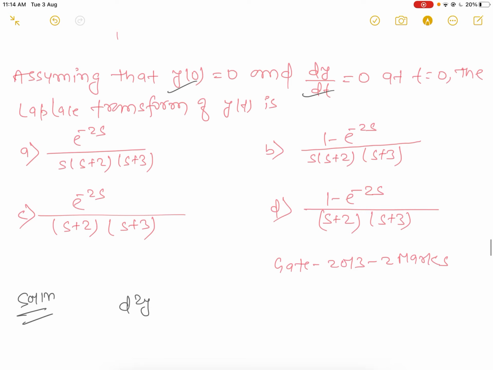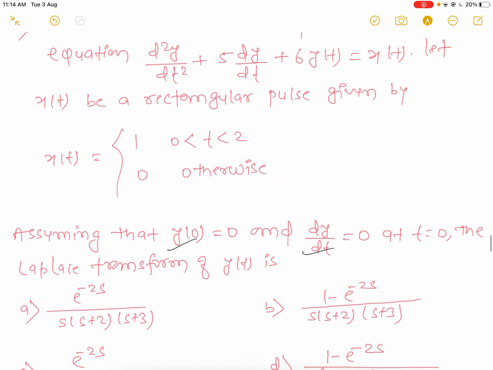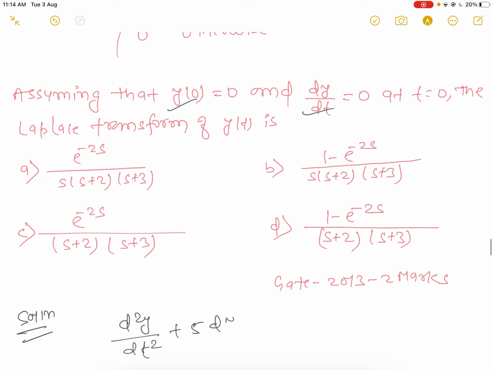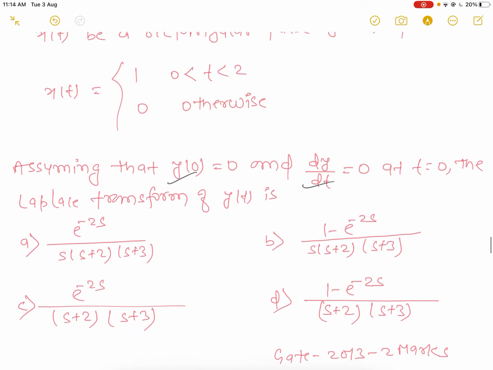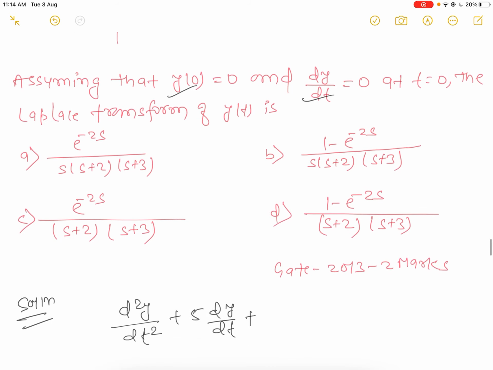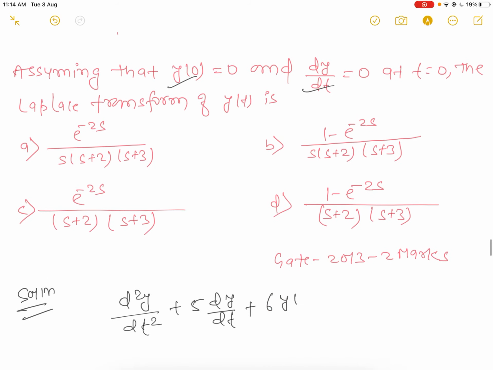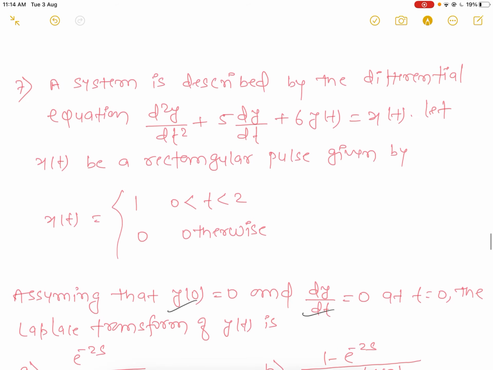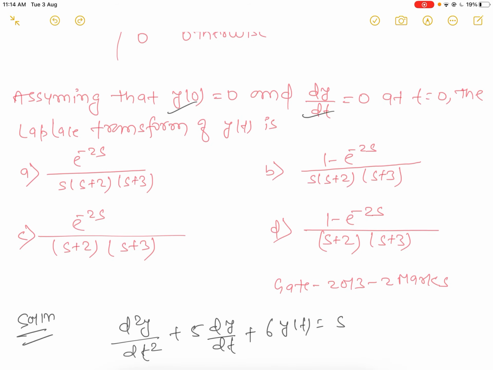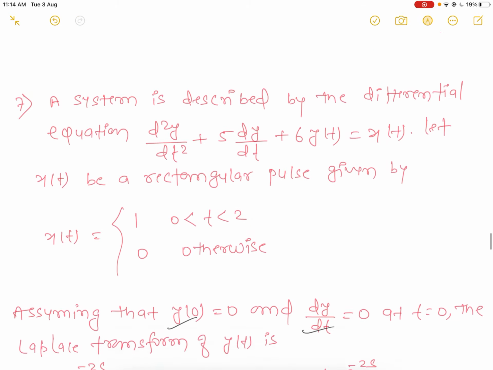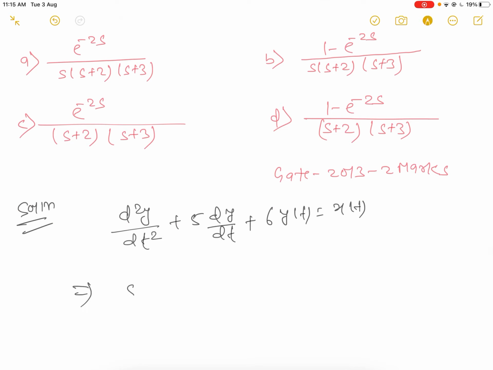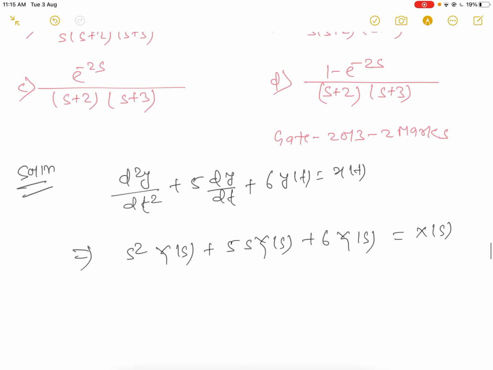The differential equation is d square y by dt square plus 5 dy by dt plus 6 y(t) equal to x(t). Take the Laplace transform: s square Y(s) plus 5s Y(s) plus 6 Y(s) equals X(s).